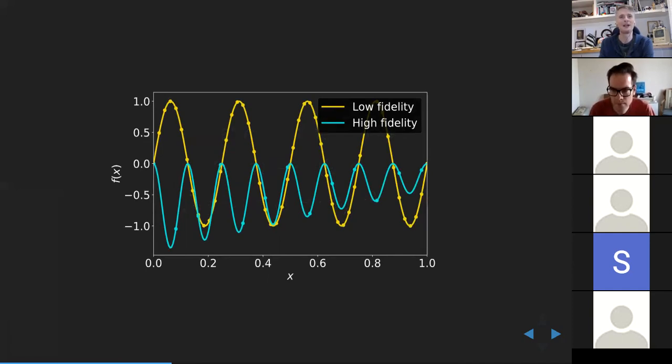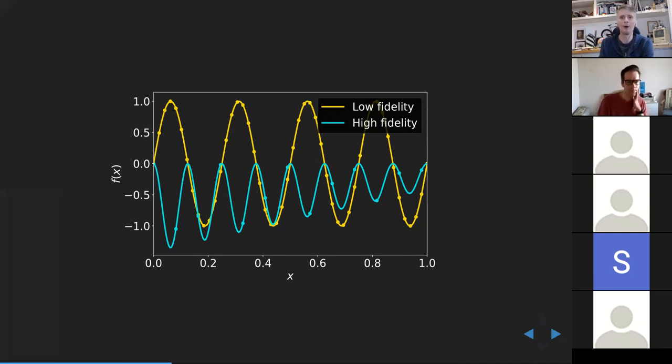There is information here about the high fidelity, which is the cyan, from the low fidelity. There's some sort of shared information across the period. But the low fidelity is doing something very different at certain points.